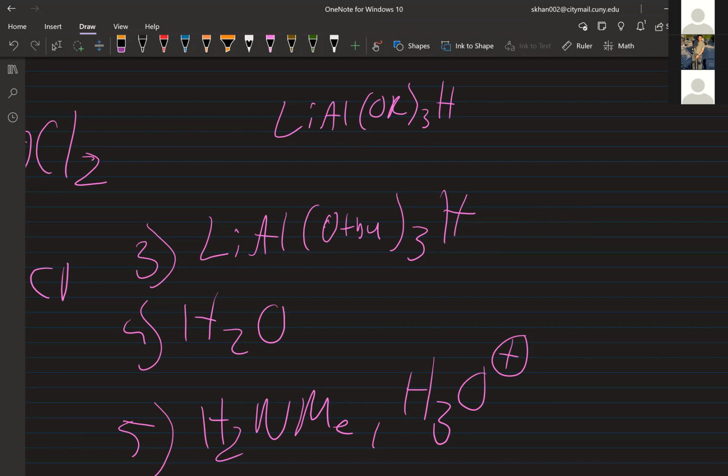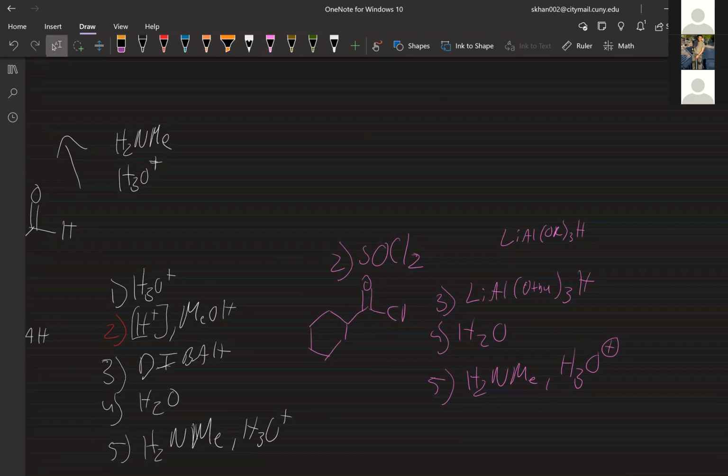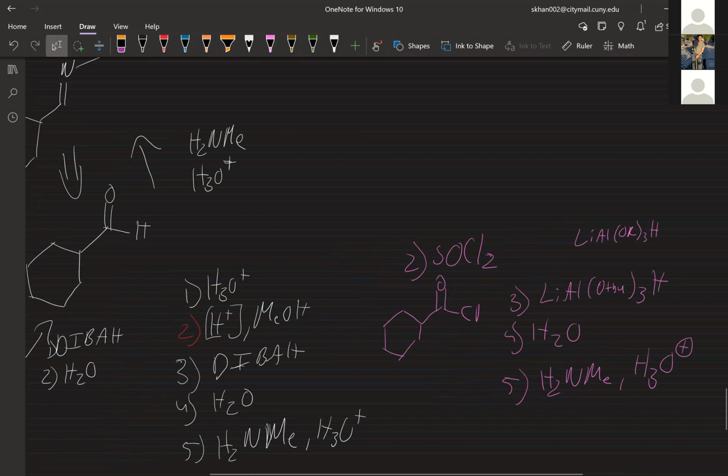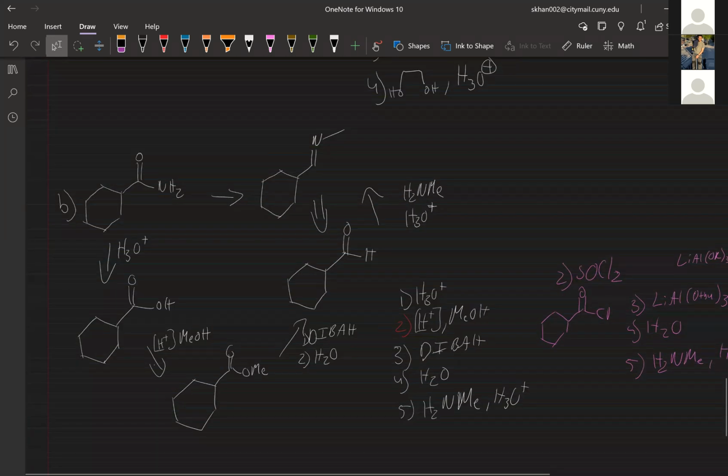So in the book they abbreviate it as OR3, but one of the most commonly used is the O-tert-butyl one, right? So you could have also done, instead of thionyl chloride, you could have turned this into an acid anhydride too, right? Like I said, there's a lot, and that would be 6 steps, but still it would be fine. Everything would be between 5 to 6 steps.